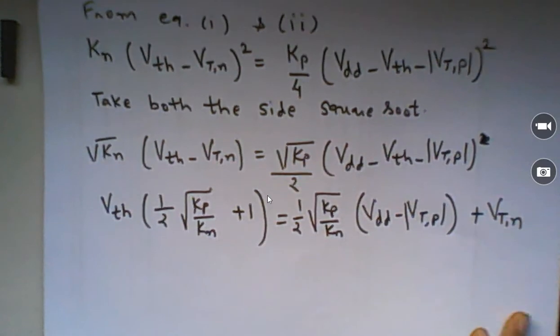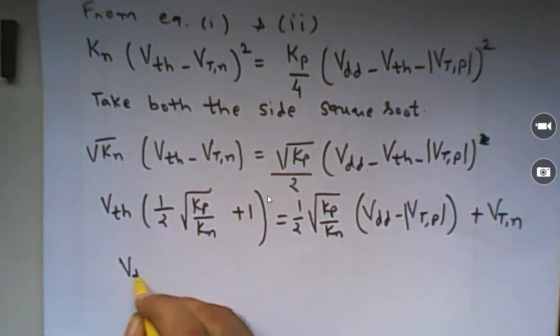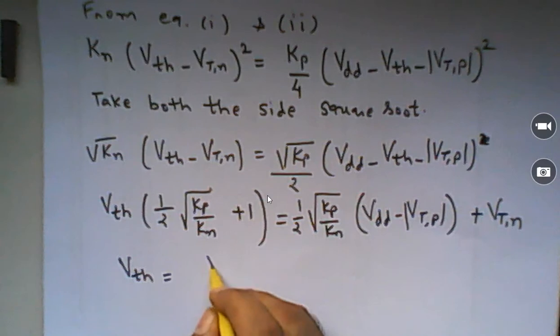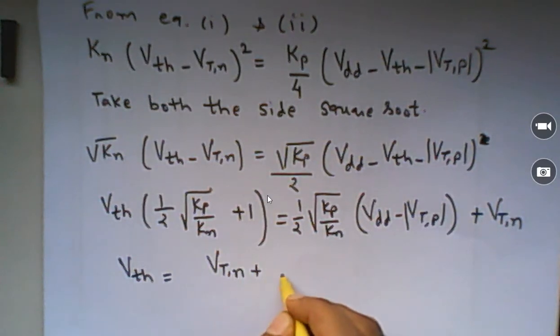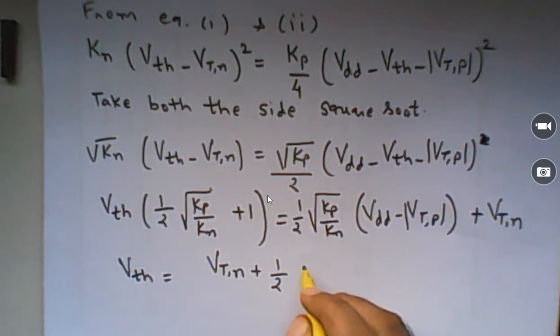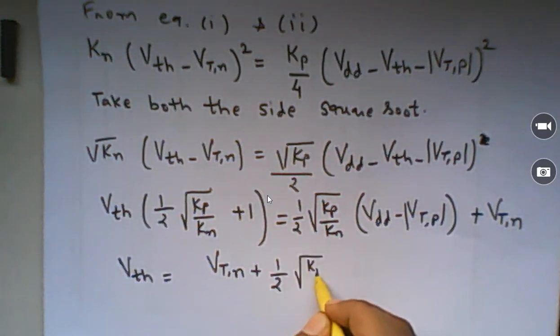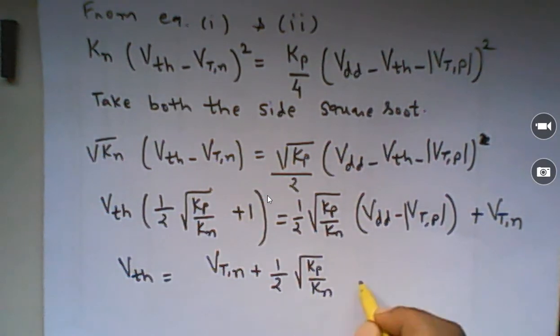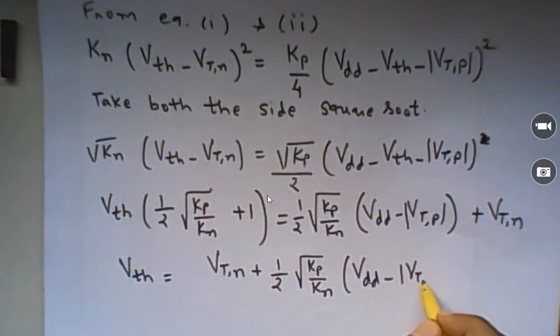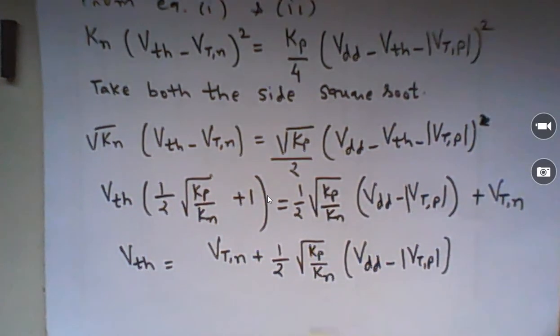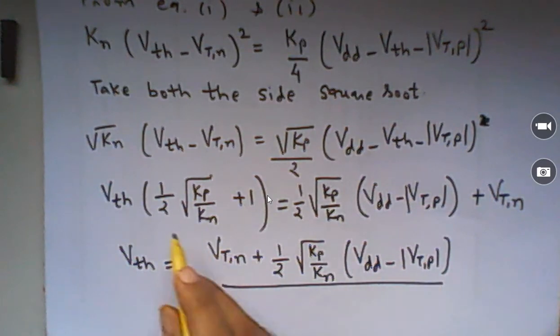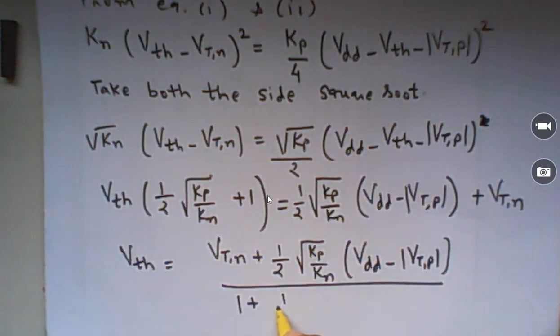So VTH for the 2 input NOR gate is defined as VTN plus 1 upon 2 root of Kp divided by Kn, the inverse of the transconductance ratio, into VDD minus threshold of PMOSFET, divided by 1 plus 1 upon 2 root of the inverse transconductance ratio Kp divided by Kn.